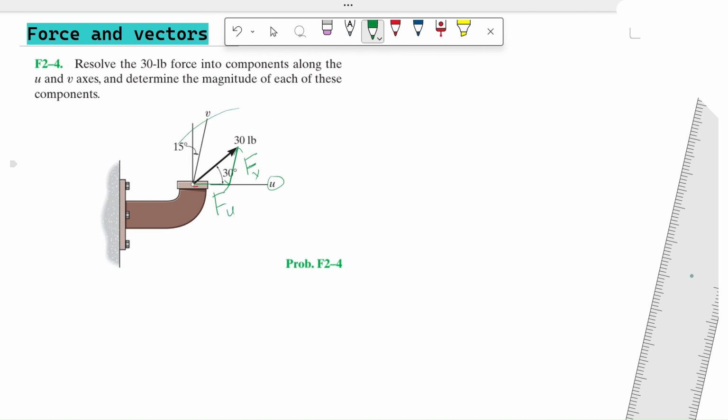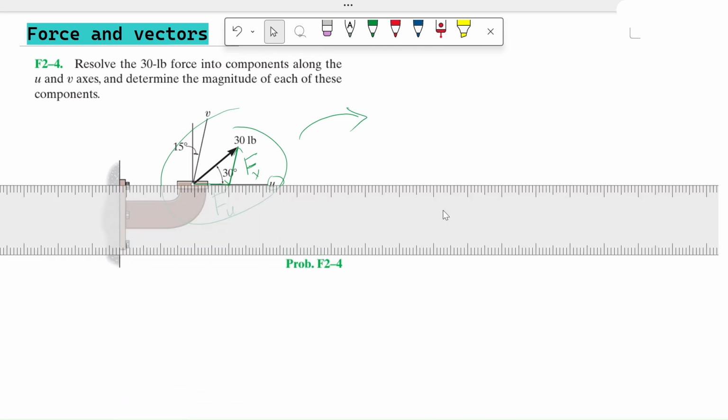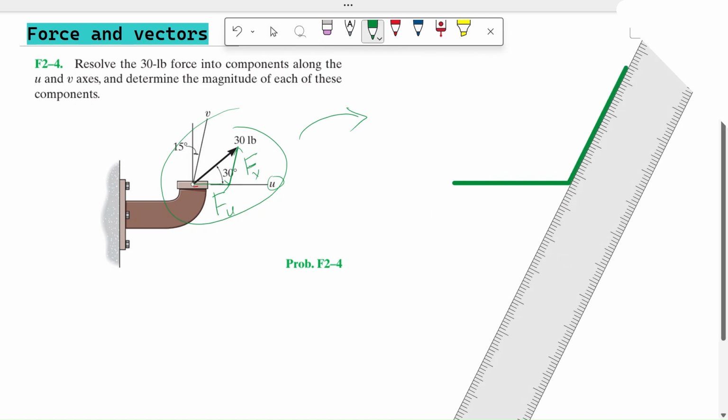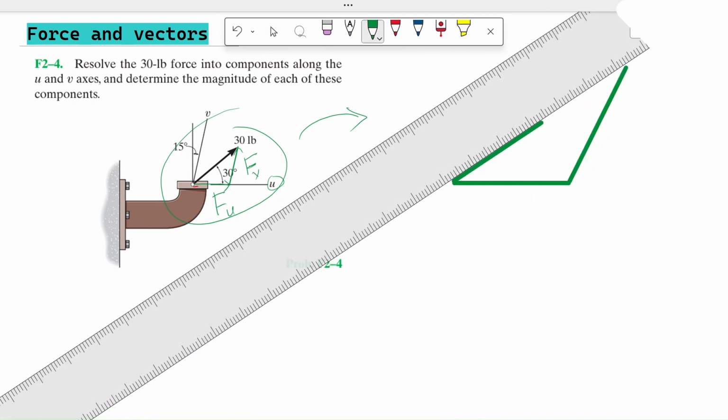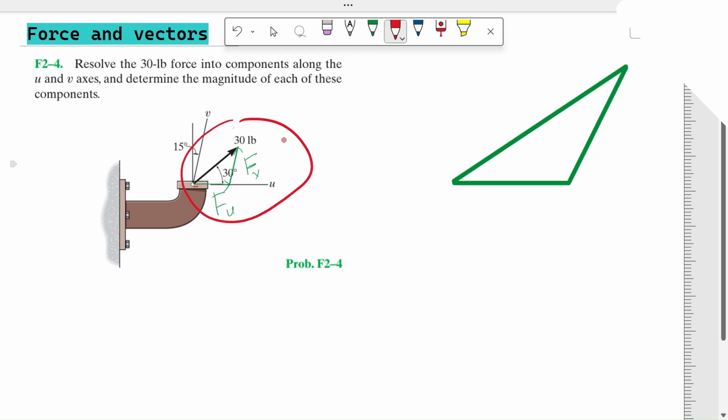So I will be constructing this triangle here. I just exaggerated this triangle here.